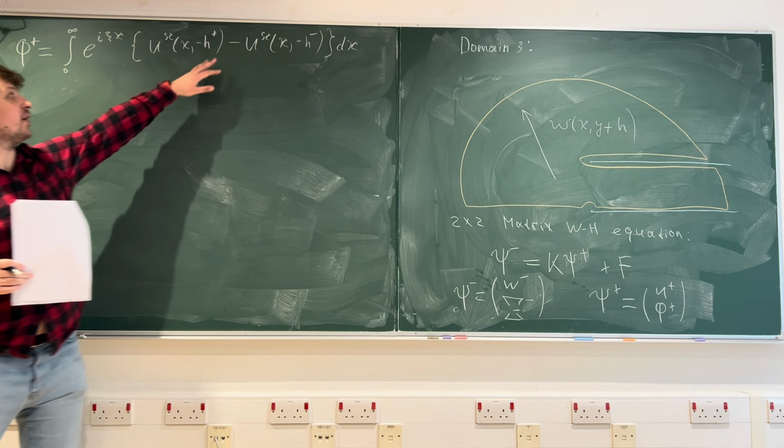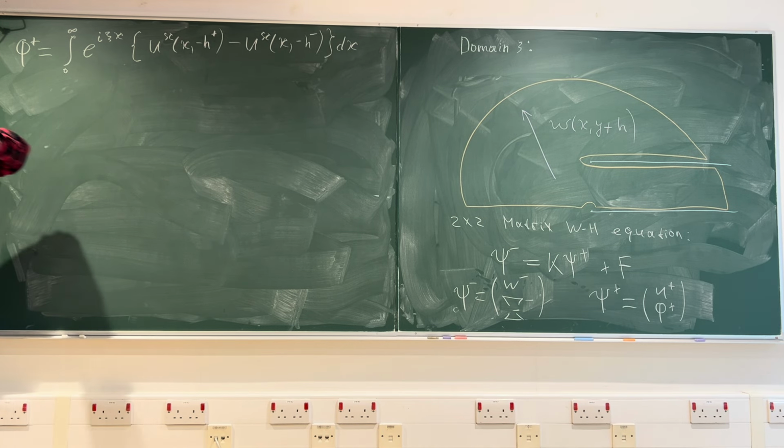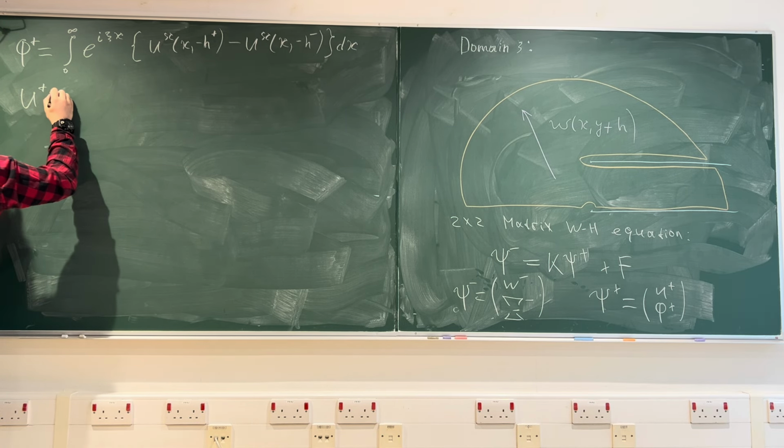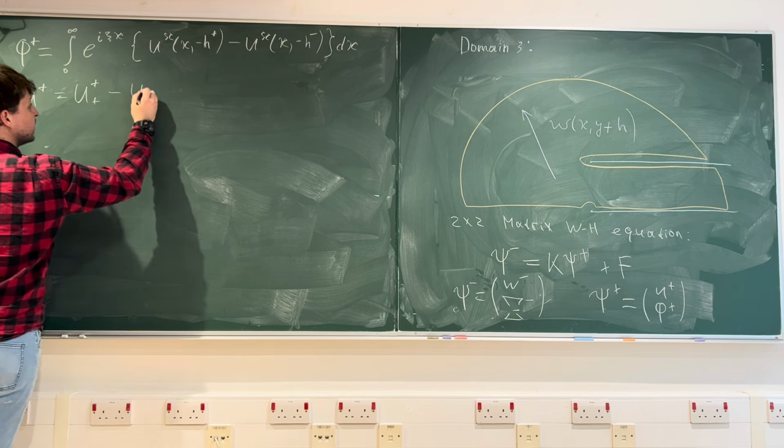So here I put plus on top, meaning that I take a limit from above. And for U plus, it's also a jump. I will write it like this.